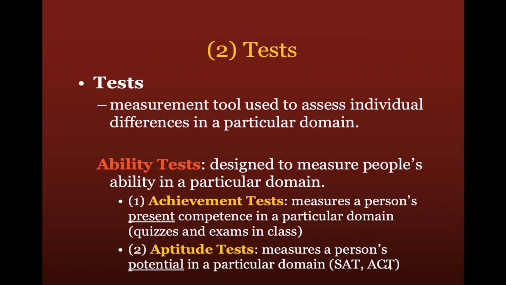So you could think about the SAT or the ACT or the GRE, any kind of standardized test, trying to assess someone's potential in a particular domain. So, for example, the SAT is designed to look at students' grades their first year in college, right? So those are aptitude tests. They're trying to predict future behavior or a future outcome.